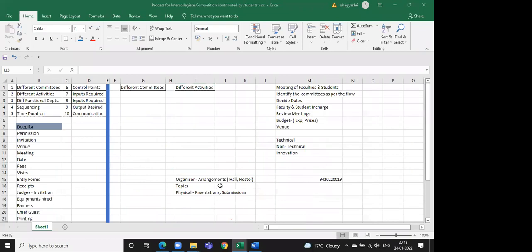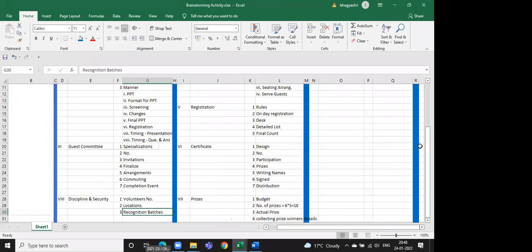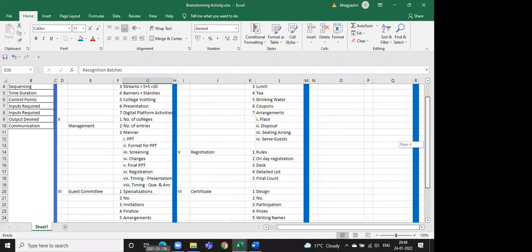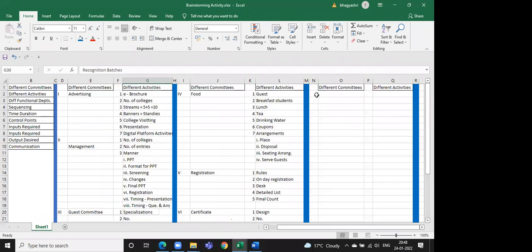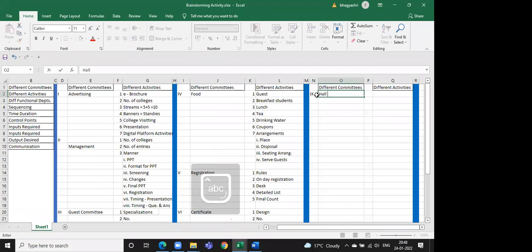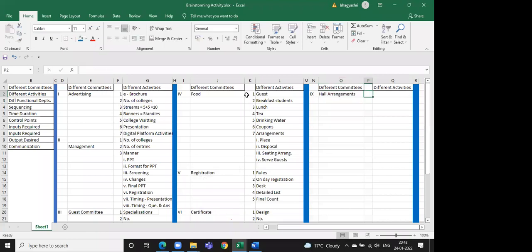So this is committee number 9. Let us come to the hall arrangements. In hall arrangements, we will again have different things to be taken care of. Can anybody come up with them?